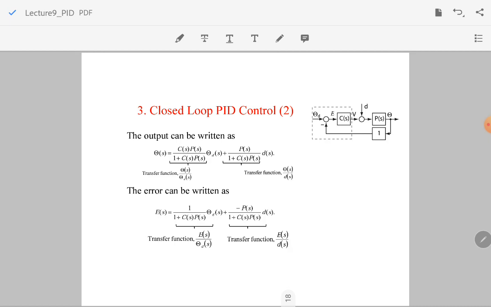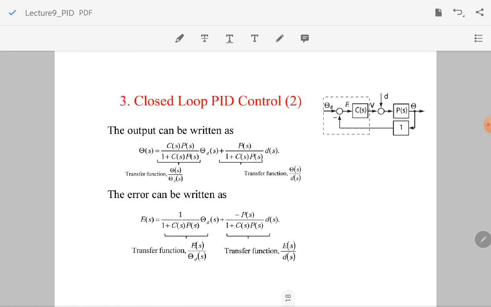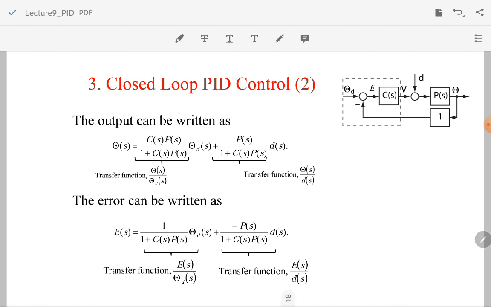So let's find what controls the transient response. The transient response is controlled by the characteristic roots, right? So how do you find the characteristic roots? Find the transfer function of the system. I found the transfer function theta over theta d and theta over disturbance, because we have two inputs, so you have two transfer functions.